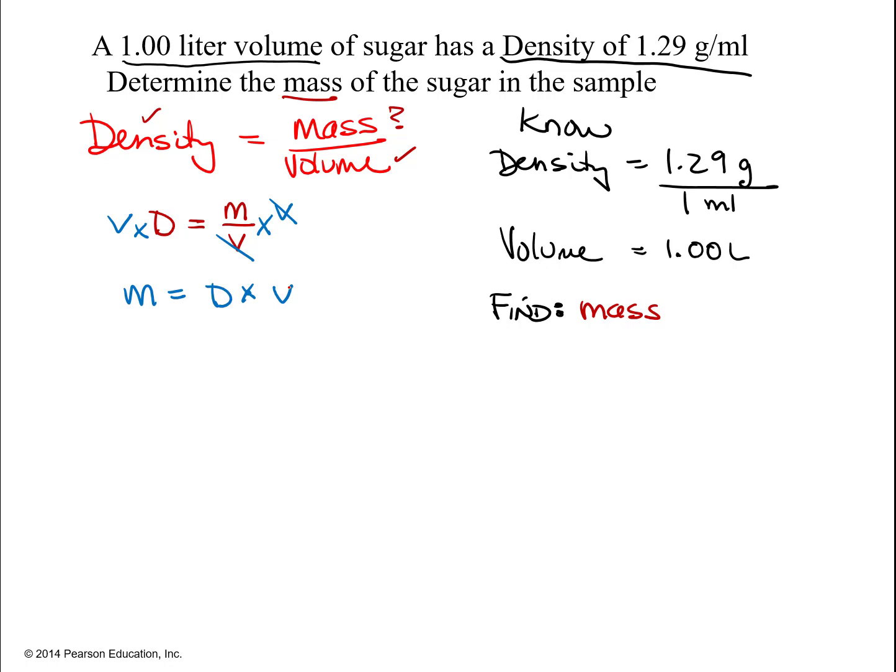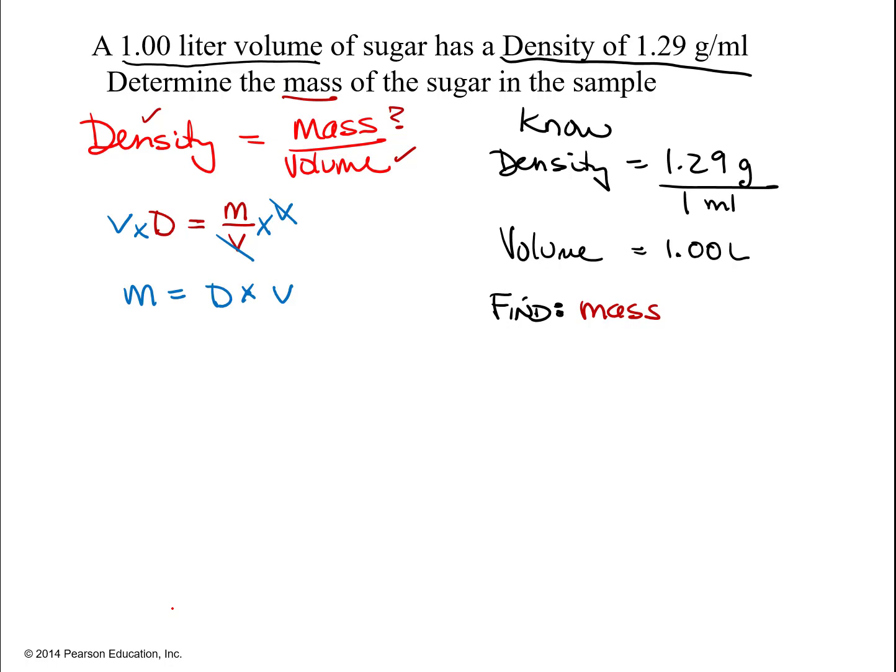Okay? So what's the other thing I have to do, though? Anybody see it? I have to do a unit conversion. Why? So grams, I only have 1 gram measurement in there, but what's not matching? Do you see that I have milliliters and liters?